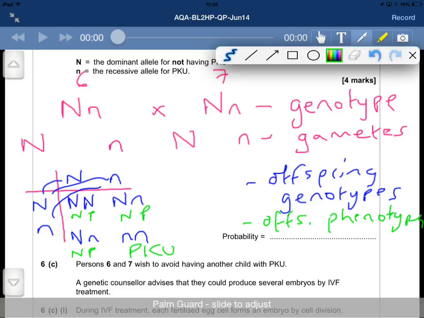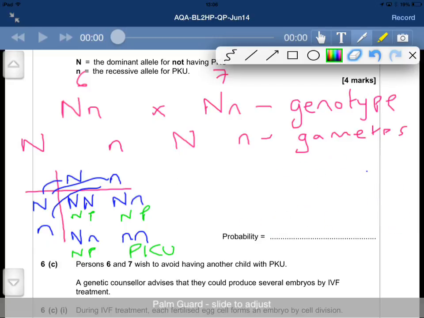And then we write what would be seen in the individuals and we write it as offspring phenotypes. Okay, the last thing to do is to answer this question. I'm just going to rub out this now. So we've got genotype, gametes, offspring genotype and phenotype. We now have to answer the question, and that is, what is the probability?